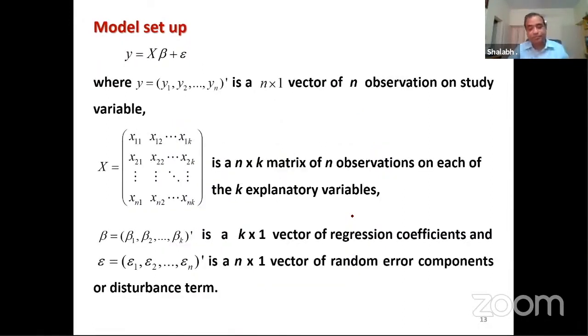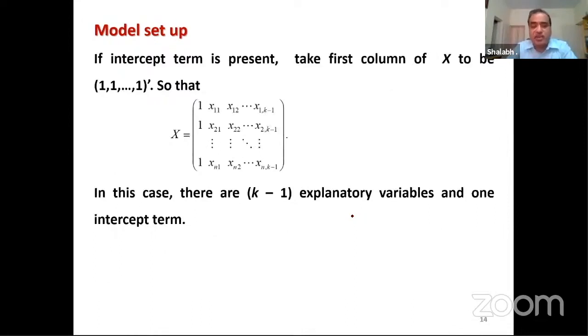That is exactly what I have written here, but clearly. And as I said, if you want to have an intercept term here, you just have to put the first column as 1 1 1 1 1, and that will be your intercept term.